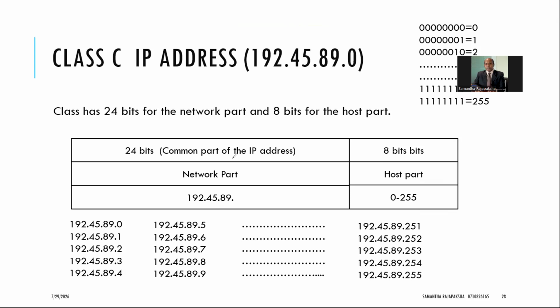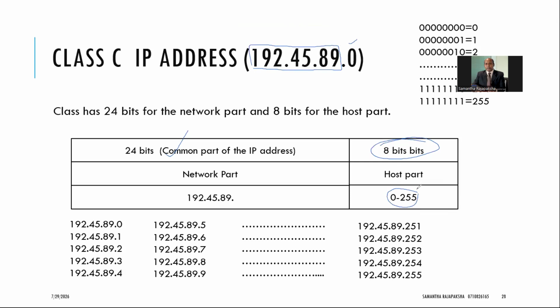So in this IP address, 24 bits are for the network part, which is common. What is varying? Only these 8 bits are varying. So therefore, in this IP address, these 24 bits will not be changed. What will be changing? Only the last byte. We know that 1 byte can vary from 0 to 255.